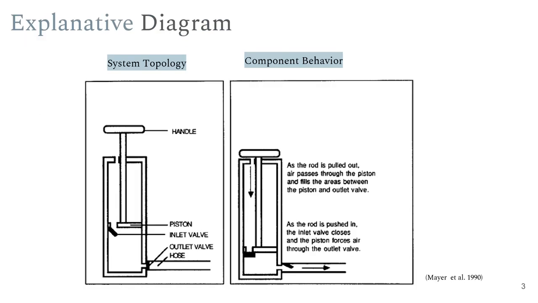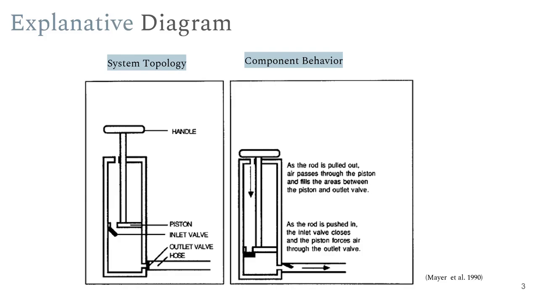Let's see. Based on the theories of mental models, Dr. Richard Mayer and Dr. Gallini concluded that explanative diagrams have the ability to build learnable mental models, increase recall, and improve problem-solving skills. According to them, explanative diagrams have two major features.